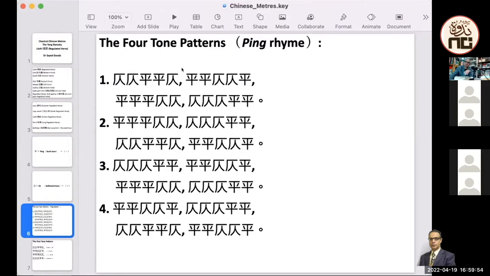If it's 8 lines, the same pattern repeats. So for example, this one, ping ping ping ping ping, then ping ping ping ping ping. That means the second line and the fourth line end with ping. Then we know that this is a ping rhymed poem. The same with all the other patterns. There are different patterns, but all, as we can see, the second and the fourth end with ping. Then we know this is ping rhyme.